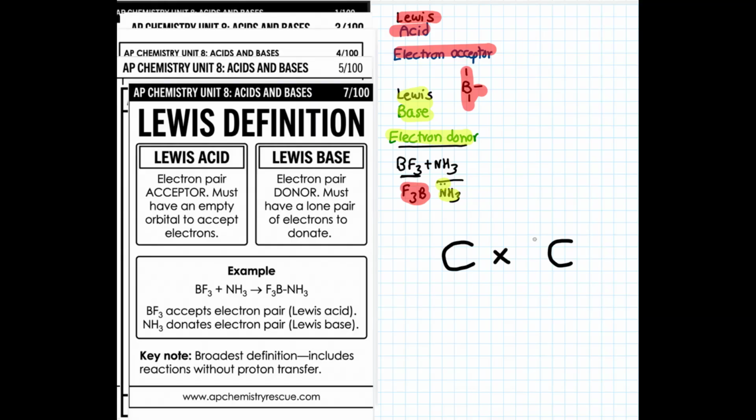But if one of the atoms, ions or molecules that make the covalent bond doesn't have enough electrons, like the BF₃, it still wants to make the bond, but it has no electrons to make the bond. So the electrons are all coming from one side. The NH₃ has an extra electron pair.